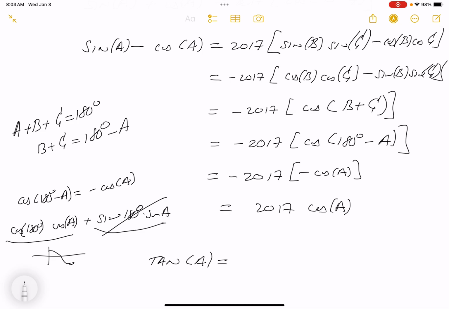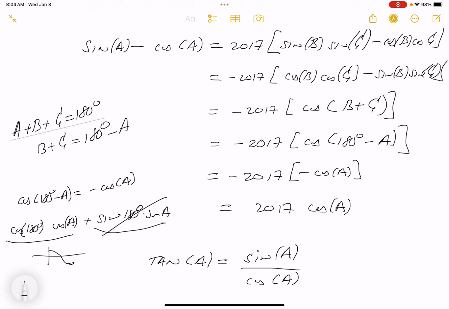And the tangent of A, let's think about that, is the sine of A over the cosine of A. All right, I got to back up a little bit, and I got to rethink.